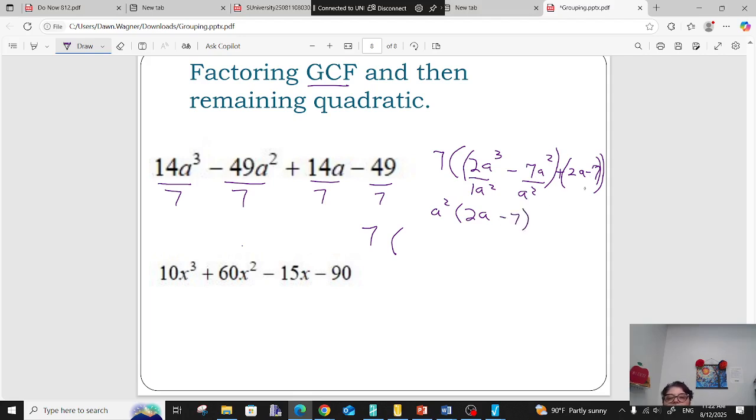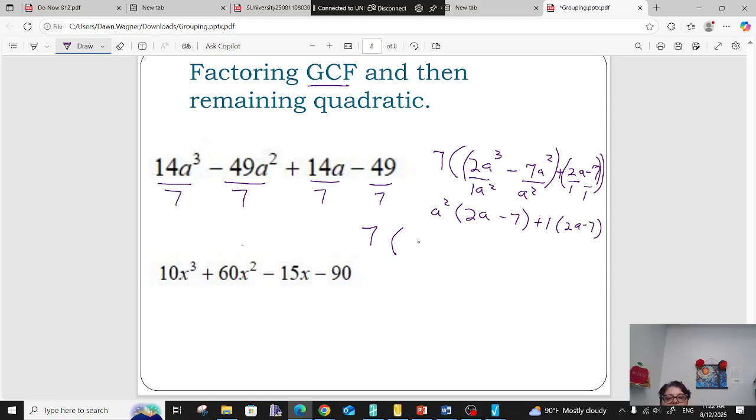Now this is already the same, but I need to put a number in that second set of parentheses, right? If there's no common factor, what number am I going to use? 1. I'm going to use a 1. So that way I have a number to put into that second set of parentheses.